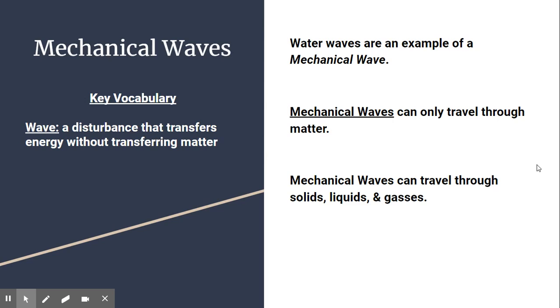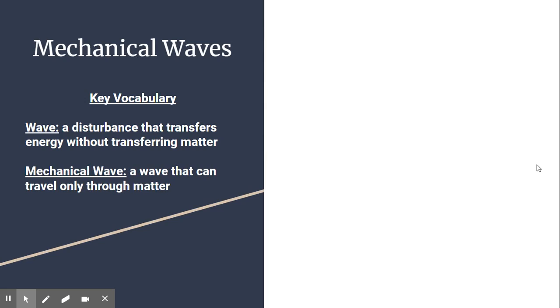All of these can transfer energy through mechanical waves. And that's actually going to be another key vocabulary term you need to make sure and add to your notebook. A mechanical wave is a wave that can travel only through matter. So it has to have matter to travel through.